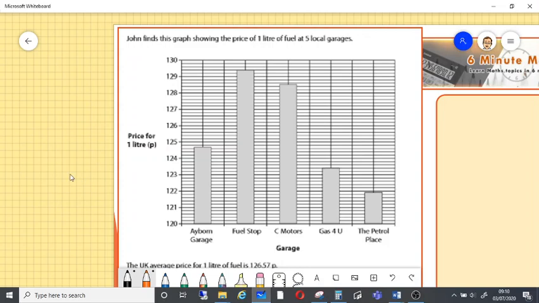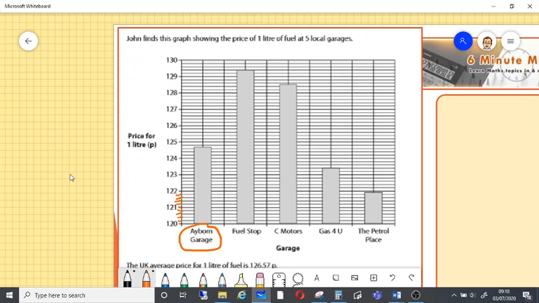So the first thing we need to do is read the graph. For the first garage, we need to get that value. I've noticed that these are going up in 0.2. So starting at the bottom, we've got 120.2, then 120.4, 120.6, 120.8, and then 121, and so forth, going up to 122.